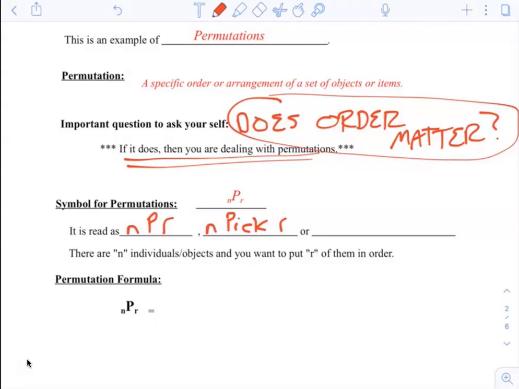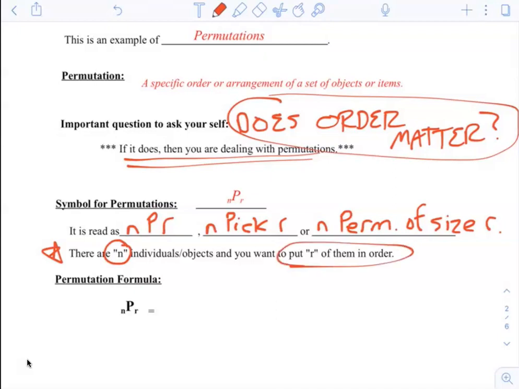Or lastly, n permutations, I'm just going to abbreviate that, of size r. Okay, those are all good ways to think about it, but here's a good one too. There are n objects, and you want to put r of them in order. So of the n that I have, I'm putting r of them in order.